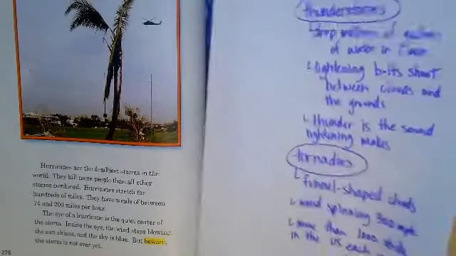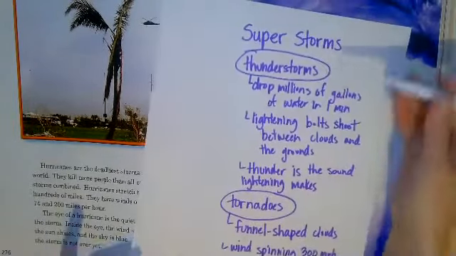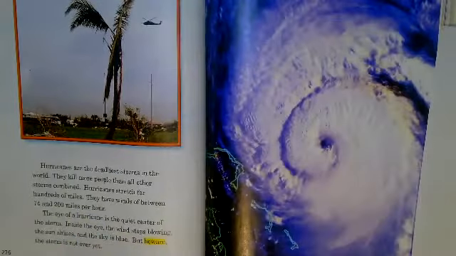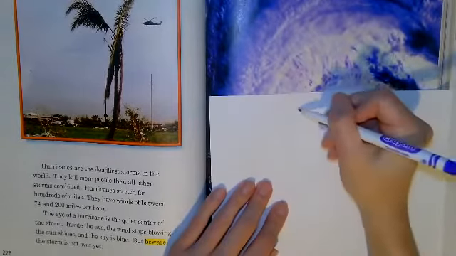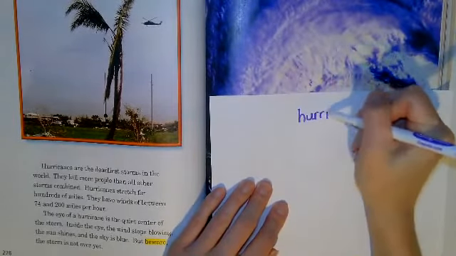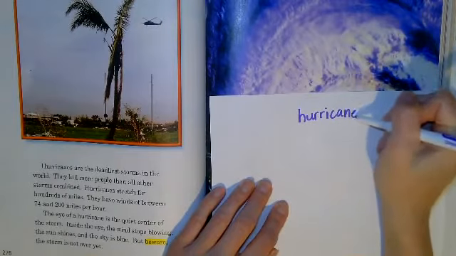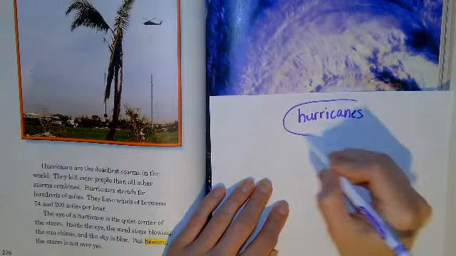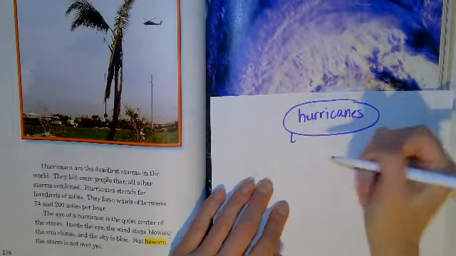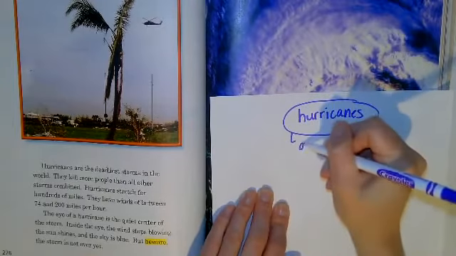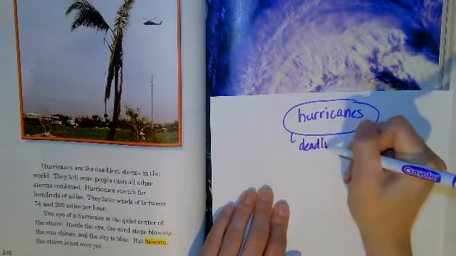Okay, so that would be next on our graphic organizer here. We have thunderstorms, tornadoes, and the next one will be hurricanes, because that's another type of superstorm. So hurricanes will be our next main idea. And we learned a few details about hurricanes. It says they're the deadliest storms.